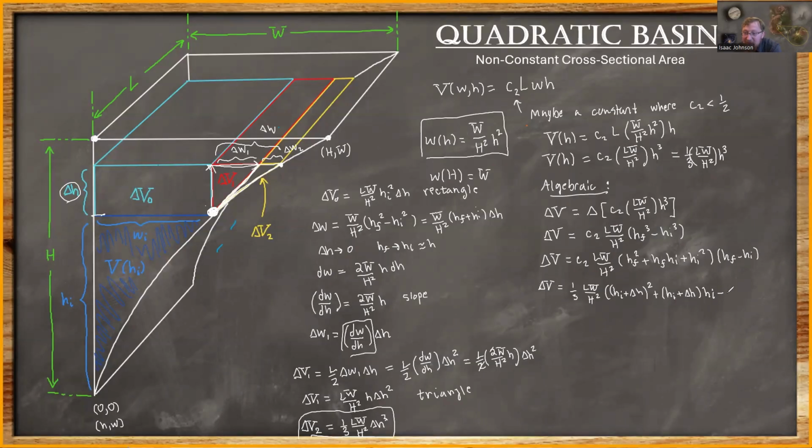So wherever there's an h final, we're just plugging in an h initial plus delta h. That's all we're doing. Oh, and we do just want this to be a delta h, that h final minus h initial. All right, let's factor it out. Save me as many steps as you can. Or FOIL it, I guess.